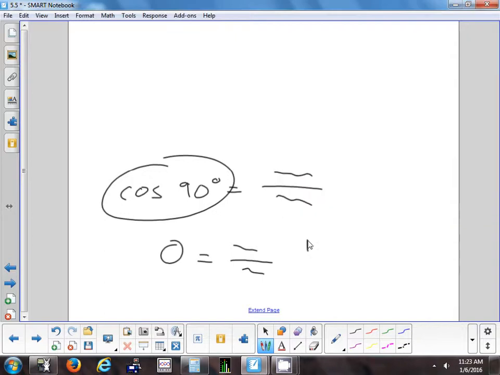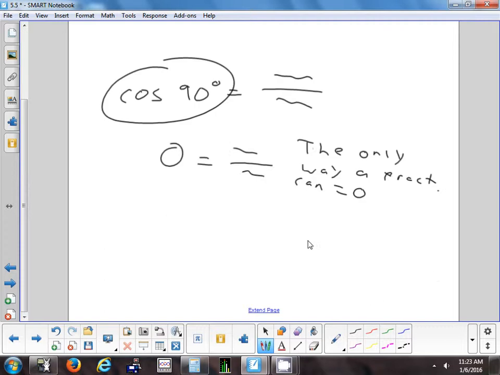So the only way a fraction can equal 0 is if the top is 0. Doesn't matter what the bottom is. The bottom doesn't matter at all. Okay, now I want you to think back to your formula. What's in the top?